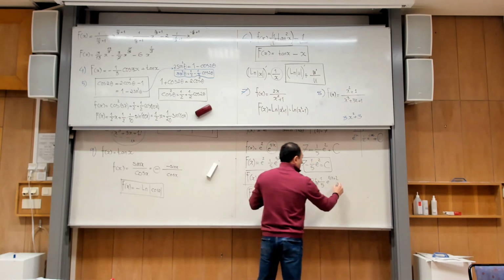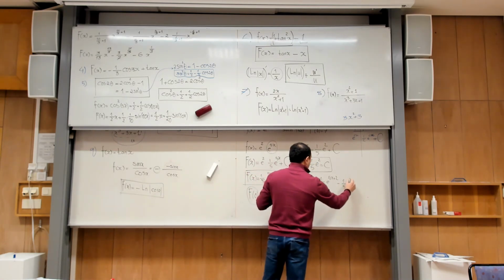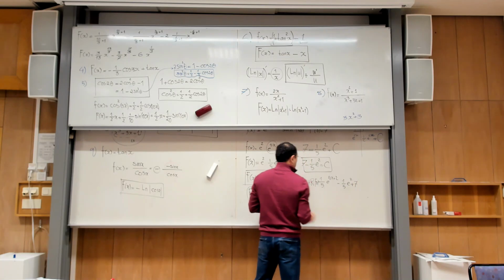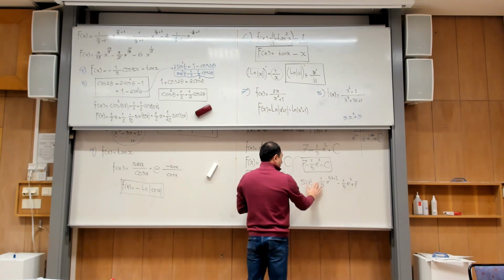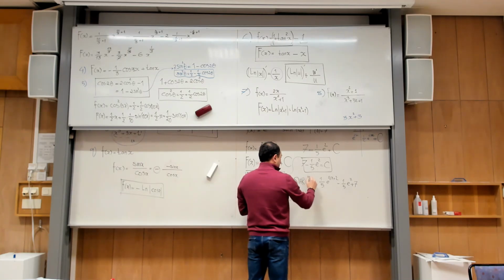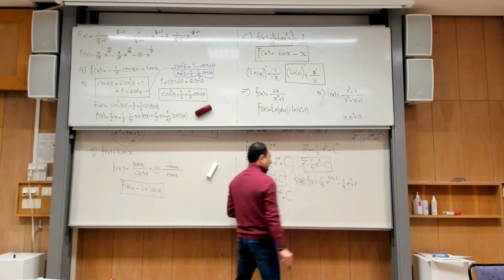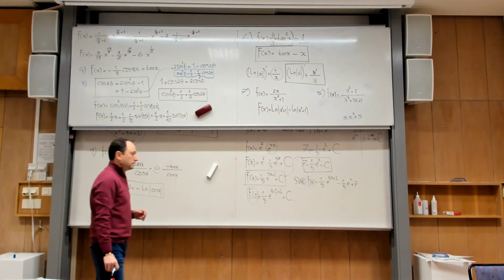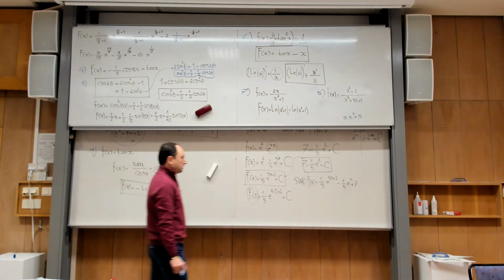So it becomes minus 1 over 5 e to the power of 2, plus 7. Yes? So that is the way that you have to do it.